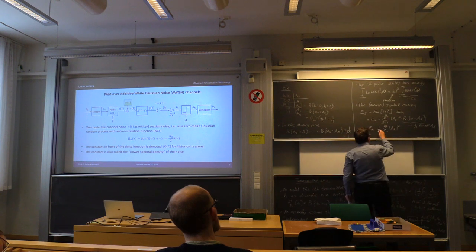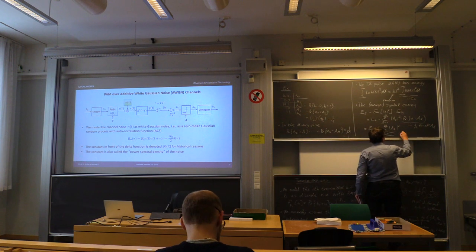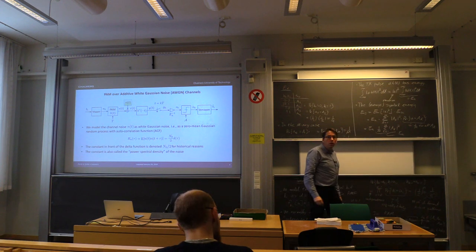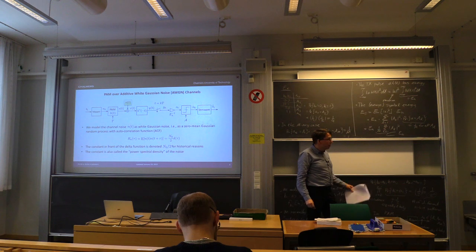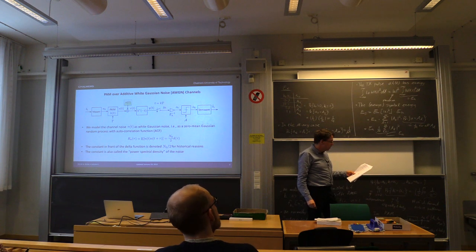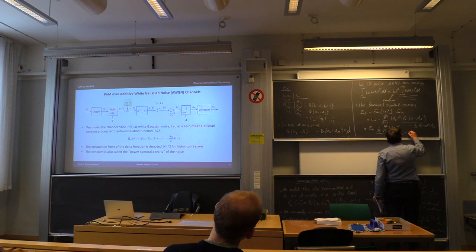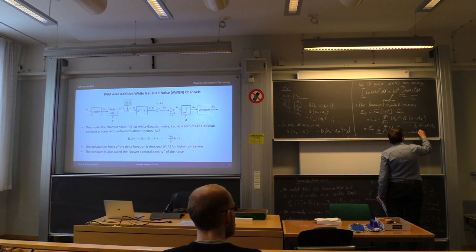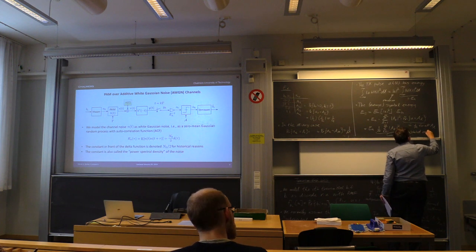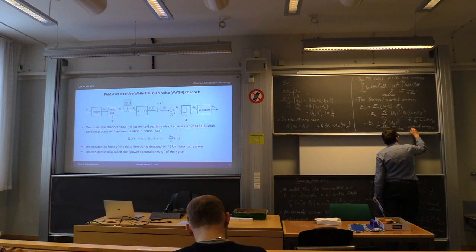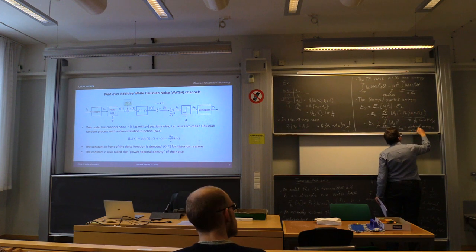And this is known as E subscript A, the symbol alphabet energy or constellation energy. So this is the alphabet energy, or it's also known as constellation energy.